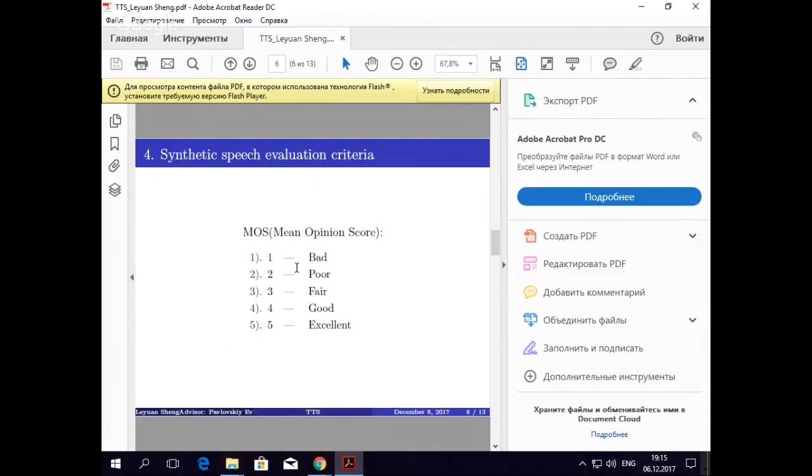One notice for Leyuan: when you are speaking, you need to turn to the audience and speak to the audience. That will get you better results.